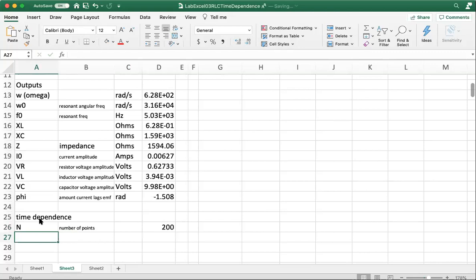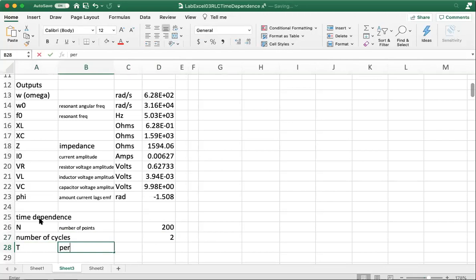But now I want to think about how to divide that up so I can get what I want to see. I want to see around 2 cycles, so I'll say the number of cycles is 2. And we need the period of each cycle. How long is each cycle? I'll use T there.